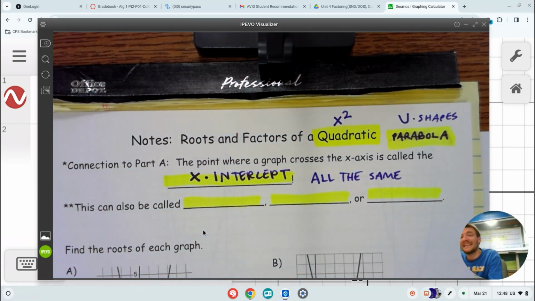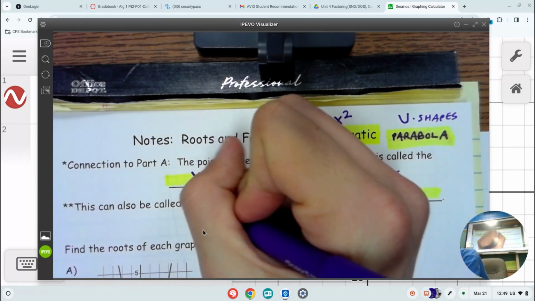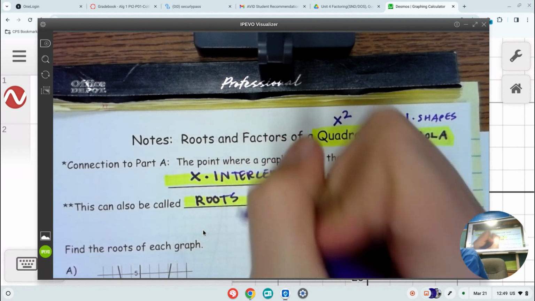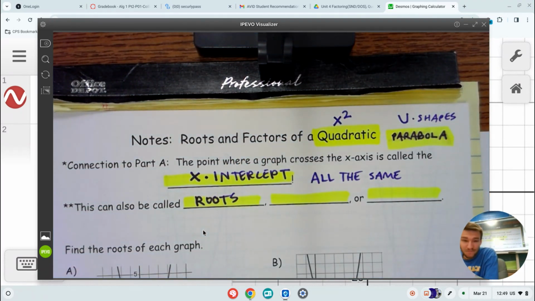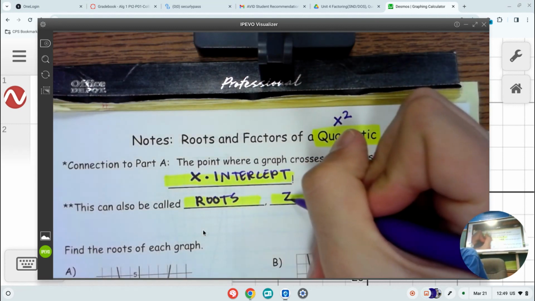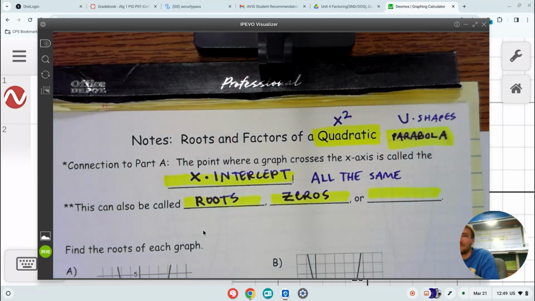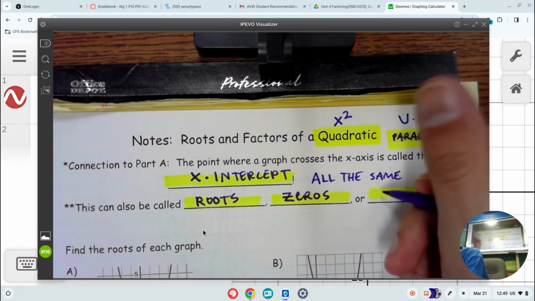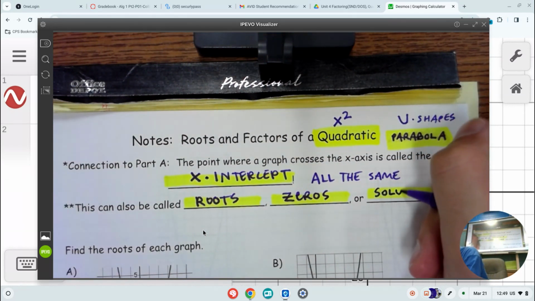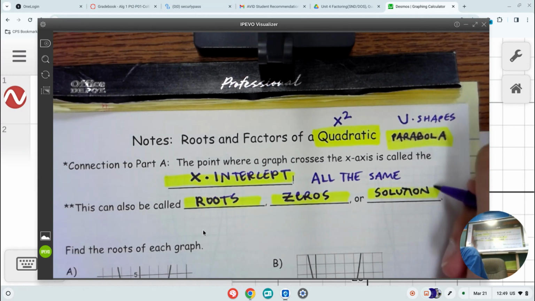So our x-intercept is the point where it crosses the x-axis, and here are three more words which all mean the same thing. Roots, like the roots of a tree. Zeros, obviously like the number 0. Or solutions.